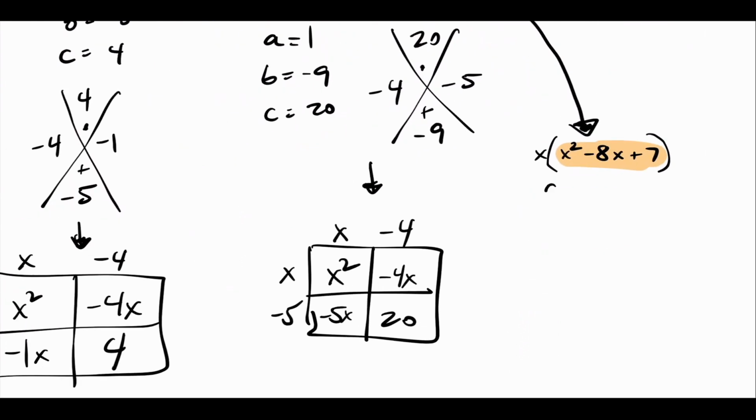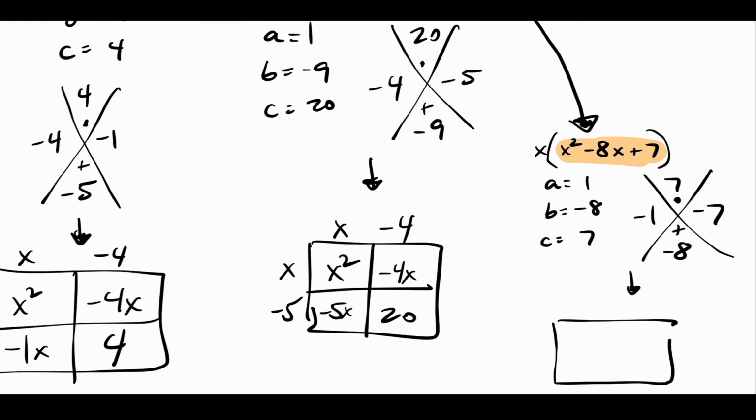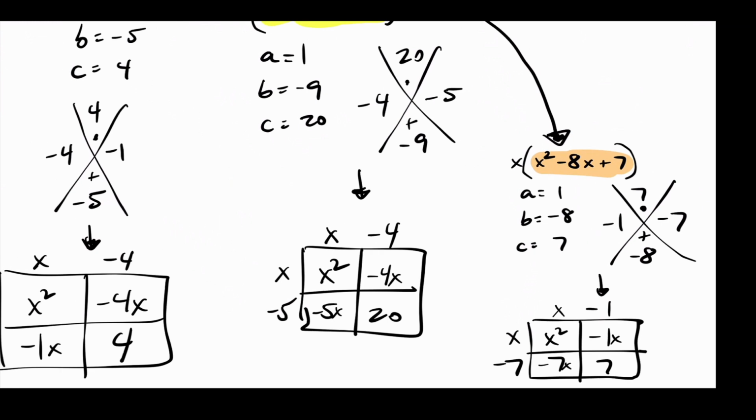Do it one more time. -1, -7. So I get x -1 and x -7.